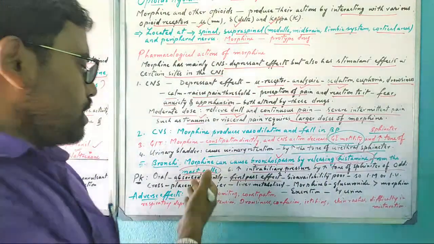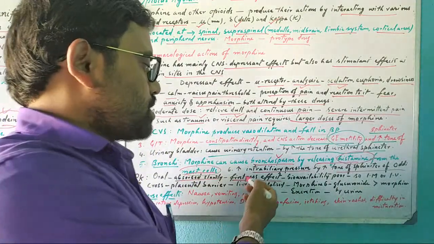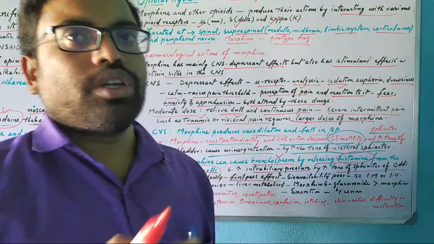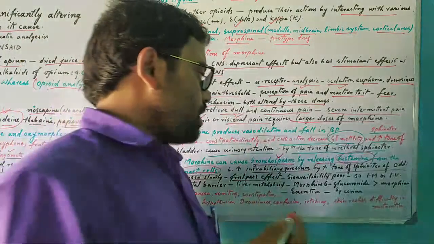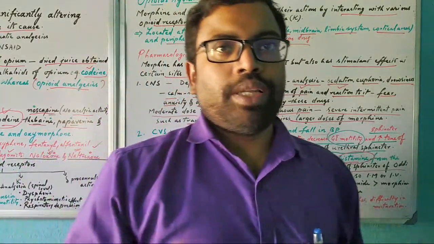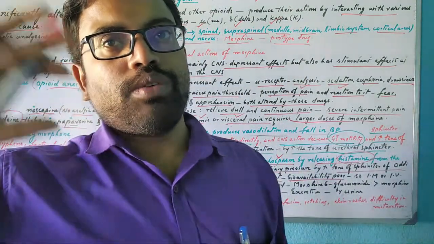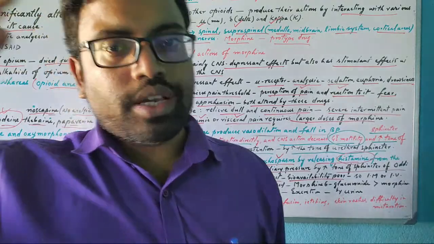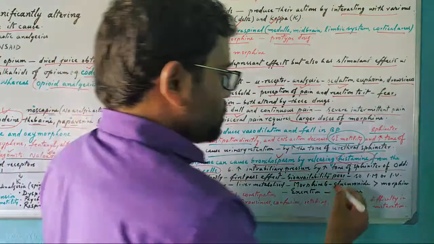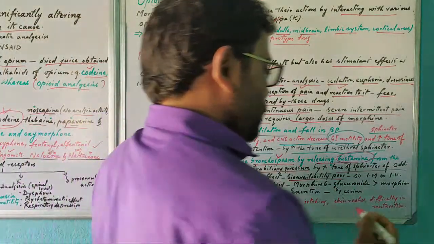If given orally, it passes through liver metabolism, so first pass metabolism will occur, and complete distribution of the morphine will not occur. So bioavailability is poor. Bioavailability is the concentration of drug reaching the systemic circulation and the site of action; it is not reaching properly, so it is poor with oral administration of morphine.